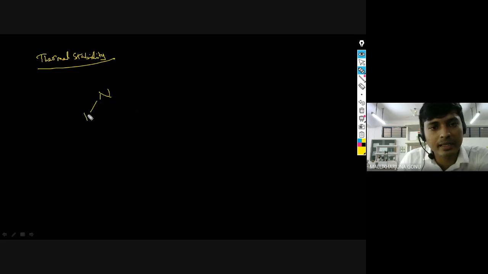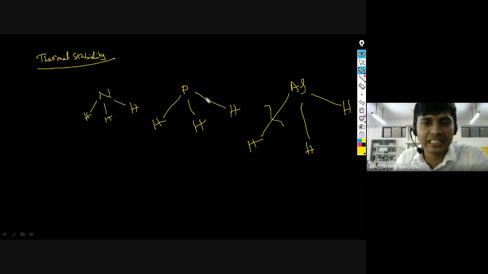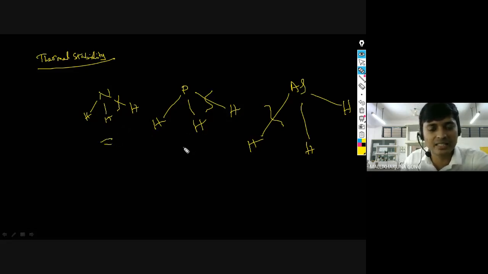Again, we write how the bonds will be. NH3. Next, sizes will increase. Next, arsenic. This will have more bond length. So which bond can be broken easily? If you compare all these three bonds, Rohini, which bond can be broken easily, NH3 or PH3 or AsH3?